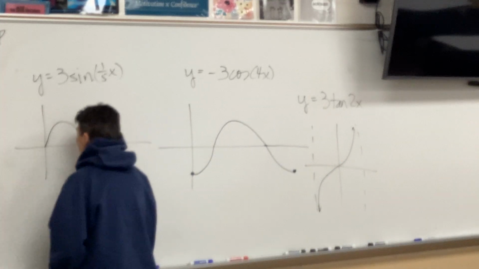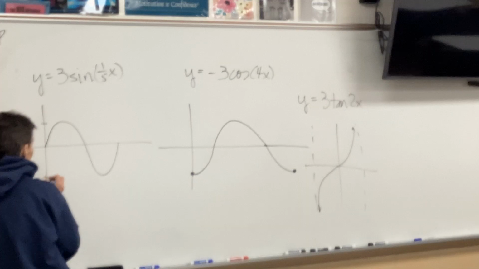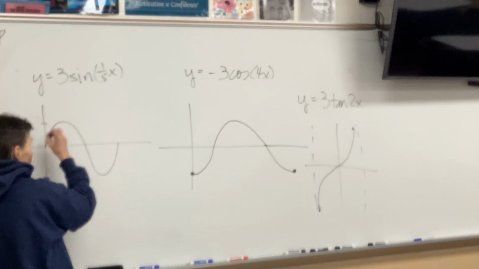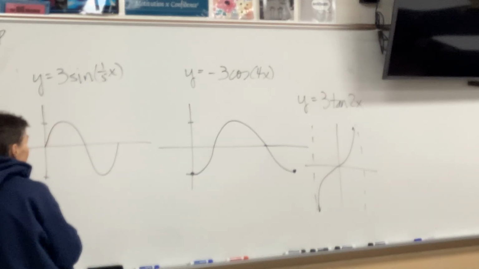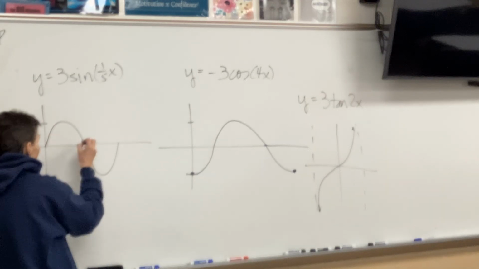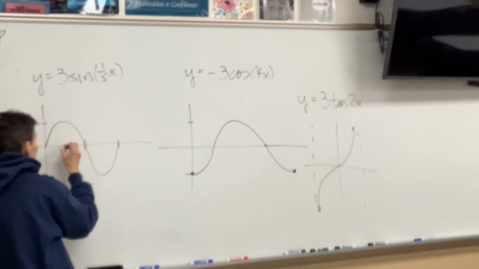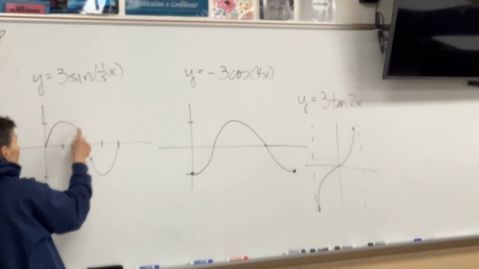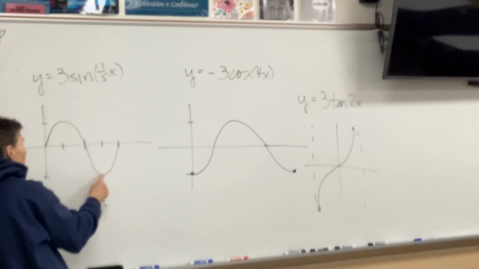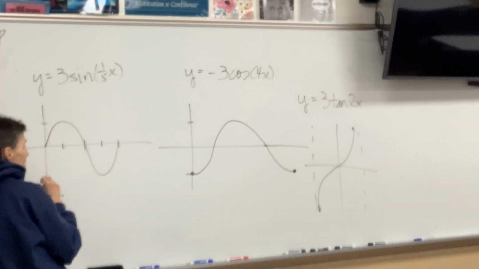So for a sine, we have to label, of course, those. Same with the cosine. And then we have to label all of the important points, which for the sine, top of hill, where it crosses, bottom of valley, where it ends.